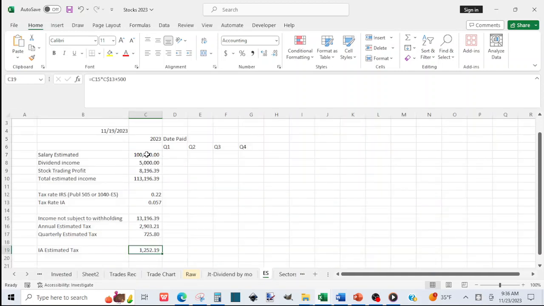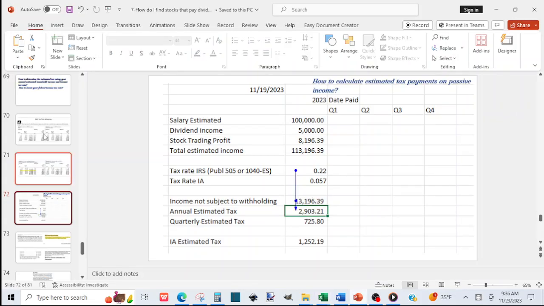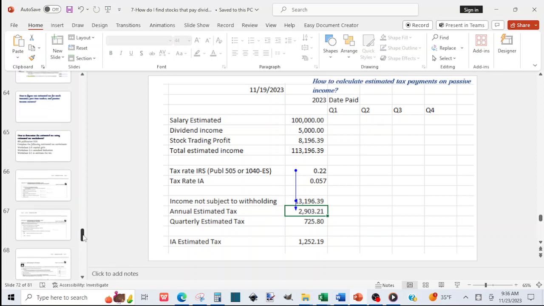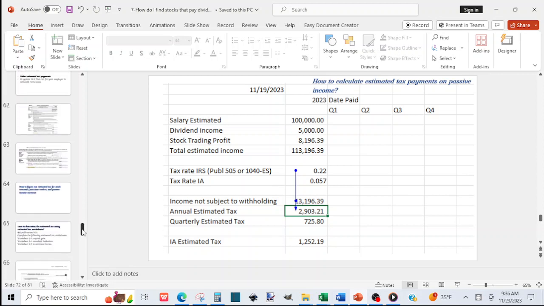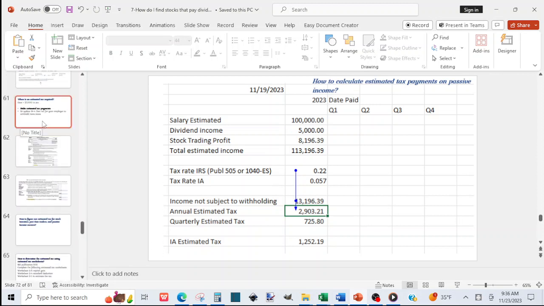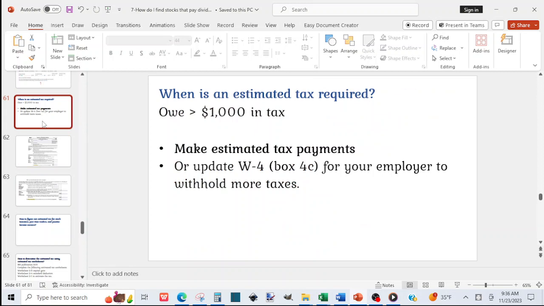so that when you know that you might owe tax of more than $1,000, you make estimated tax payments during the year.